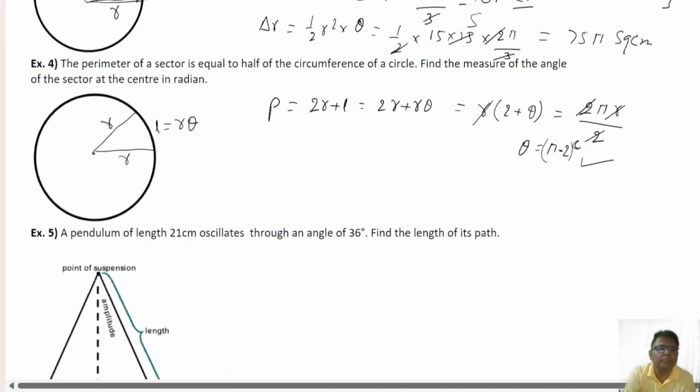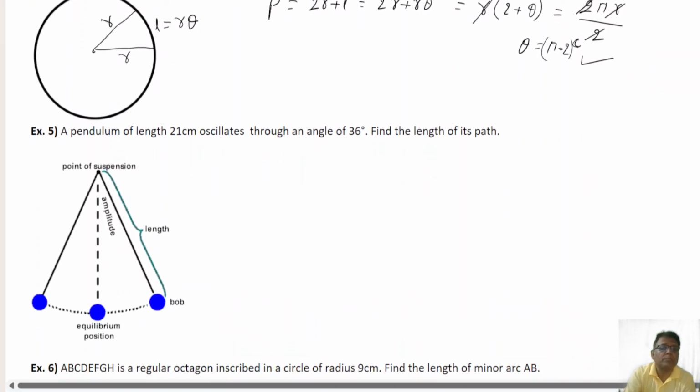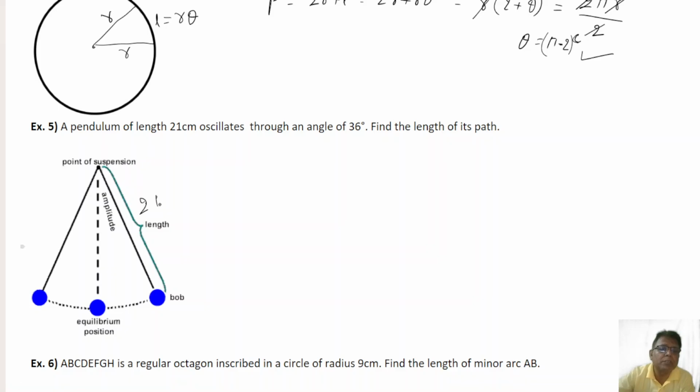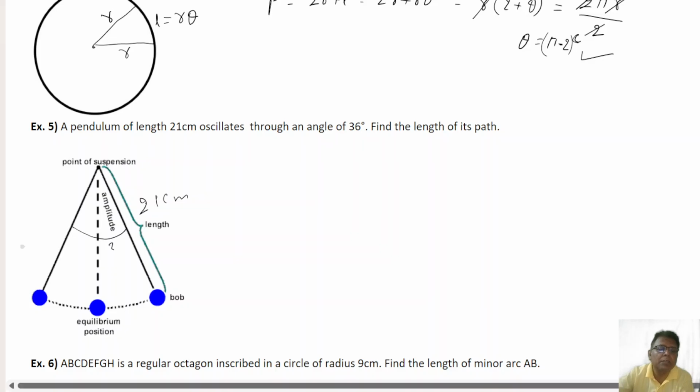Now come to the next question. A pendulum of length 21 centimeter. That means this is 21 centimeter, and that angle is 36 degree. This is theta degree. So find the arc length. This length is being asked. So first you have to convert theta degree into theta radian.